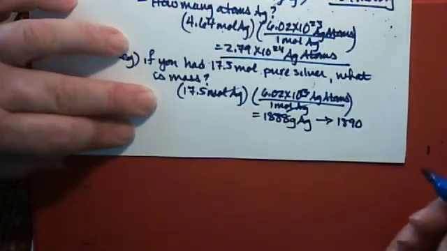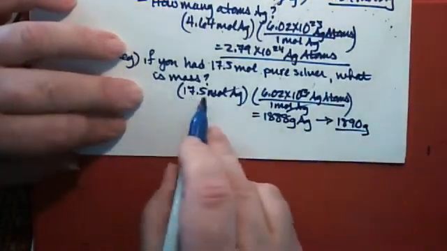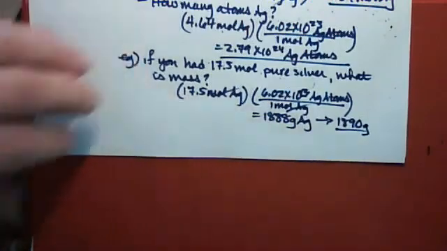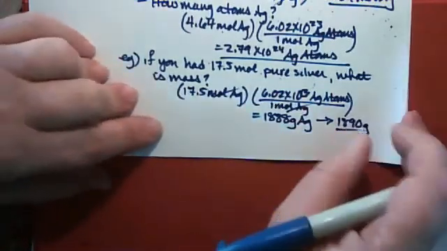But that becomes 1,890 because of significant figures. You should only have 3 significant figures because of the 17.5 and the 6.02. So technically, it should be 1,890 in grams.